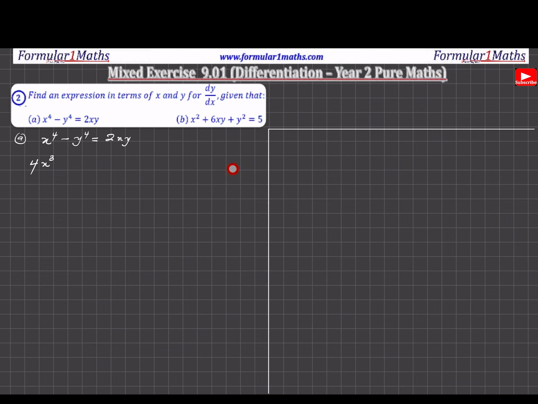Then I'm going to use chain rule to differentiate this term, and that will be minus 4y cubed. Then I differentiate the y itself, I get dy dx equals to, then I'll use product rule here, because this is the product. That's 2x as one function and y as another function.